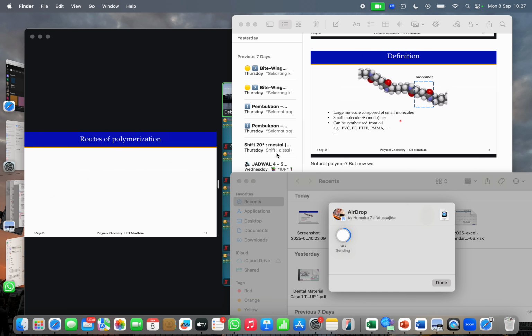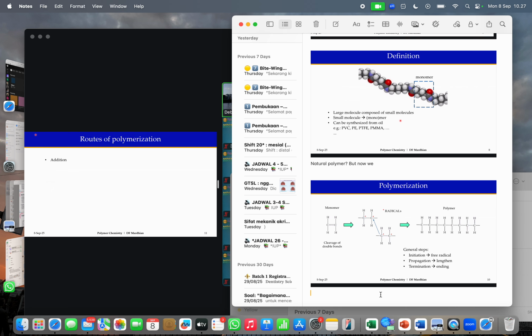So there are some routes of polymerization. The first one is addition. Addition means to add.